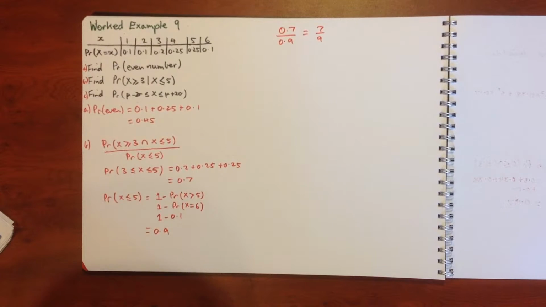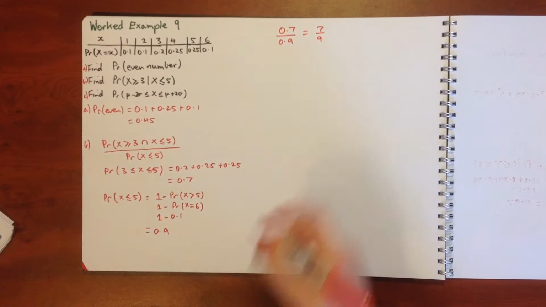In part C, we've got to find the probability that we're within 2 standard deviations. That means we've got to actually find our different values.